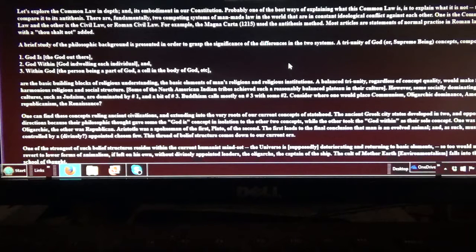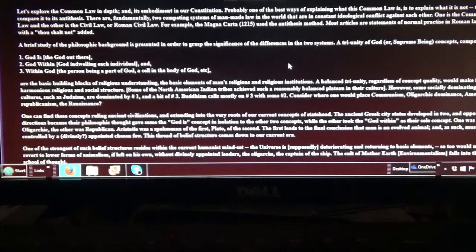However, some socially dominating cultures, such as Judaism, are dominated by number 1 and a bit of number 3.